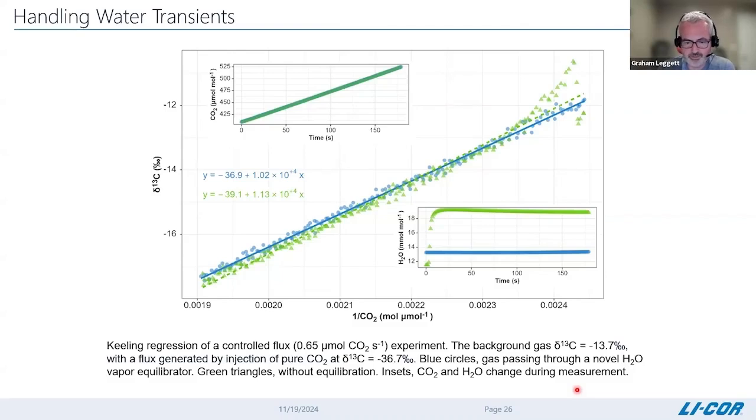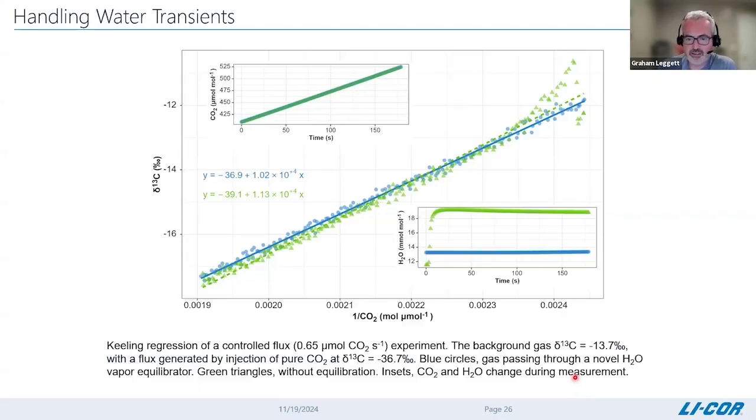So a very different value there. What you can see are two different plots. The blue circles are associated with gas passing through the 8250 O2 vapor equilibrator or buffer, whereas the green triangles show the same experiment without equilibration, so without that buffer.